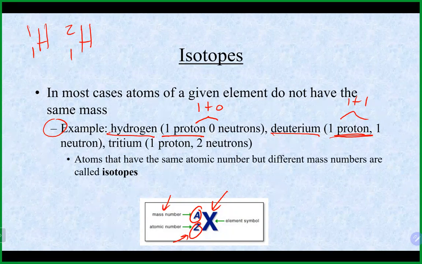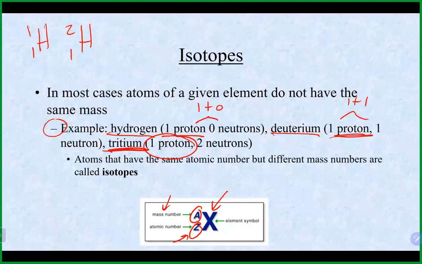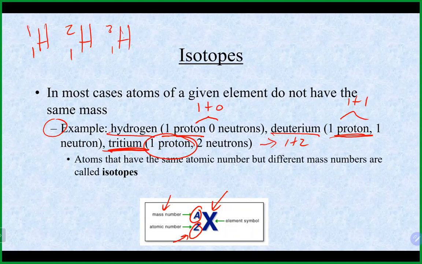Once again, tritium doesn't sound like hydrogen, but because it does have 1 proton, you go to the periodic table, find number 1, and it will also use the hydrogen symbol. It also will have an atomic number of 1. And in this case, 1 plus 2 gives us 3 in terms of our mass number. So these would be the way that we could write the symbols, including the mass number and the atomic number, for isotopes.